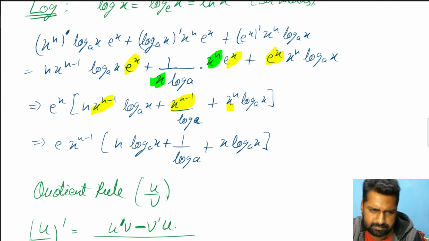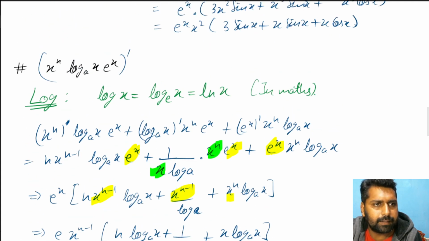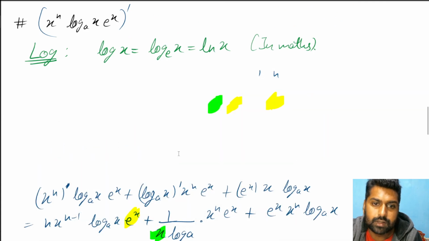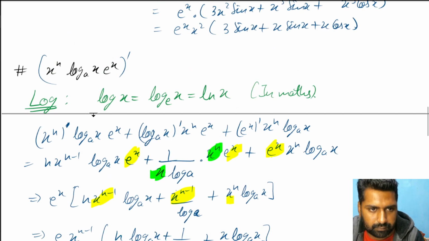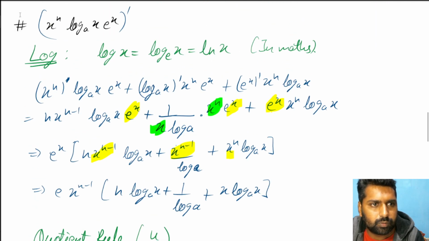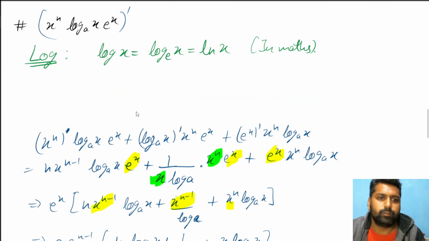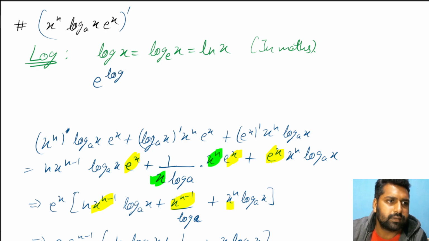One property regarding log. Okay, I'll add here one interesting property, and some interesting questions can also arise due to that property. One important property is e raised to power log x.